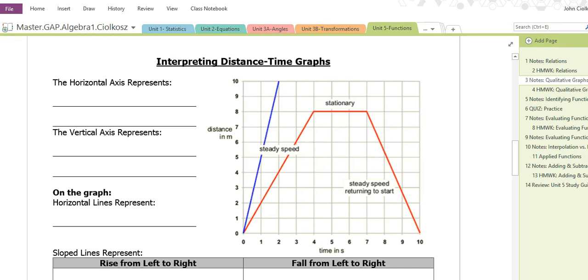Alright, so looking at a distance-time graph. The horizontal axis, this is our x-axis, and the vertical, our y-axis. The horizontal here represents time in seconds. The vertical, or the y-axis, distance in meters.